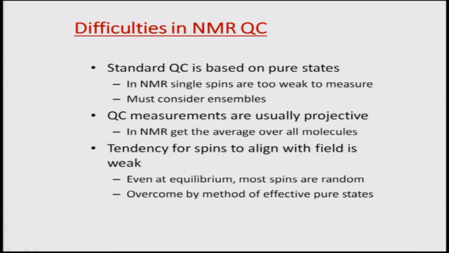In spite of its great success, one of the biggest difficulties has been the scaling problem in NMR quantum computing, and that is one of the reasons why, though NMR is a great technique, it cannot be the area which could be the next quantum computer for us. Typically, the single spins in NMR are too weak to be measured, and as a result we have always been talking about ensembles.